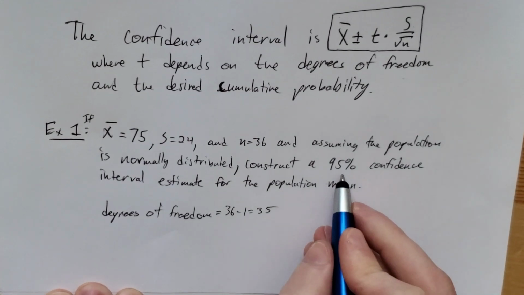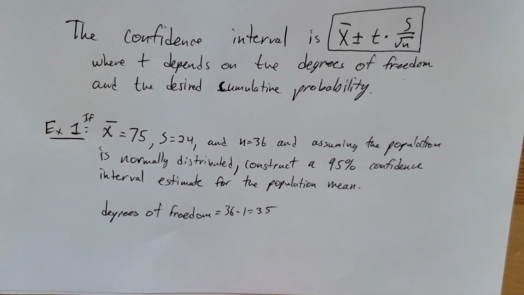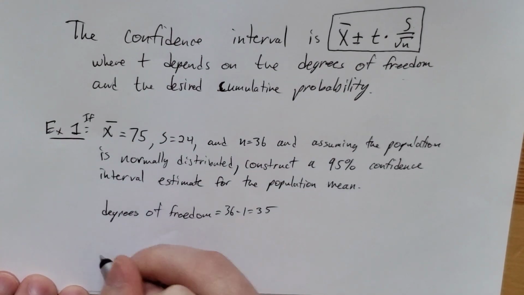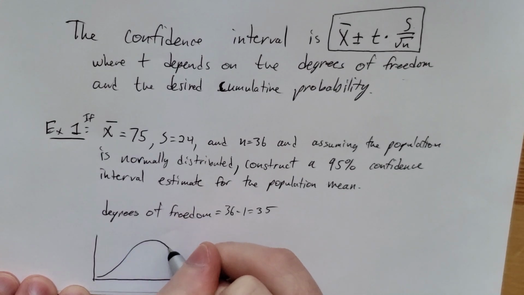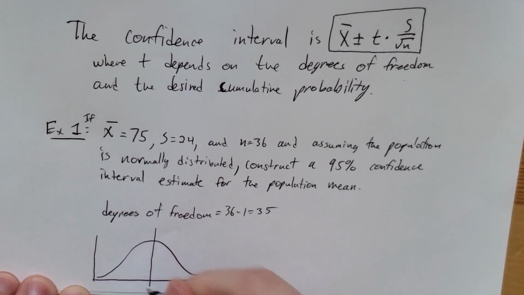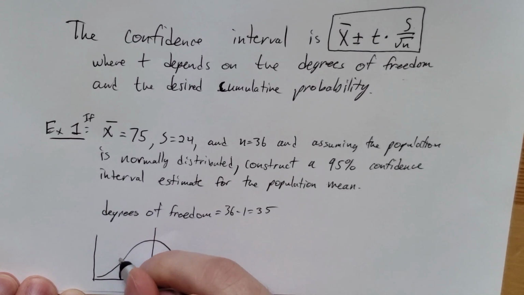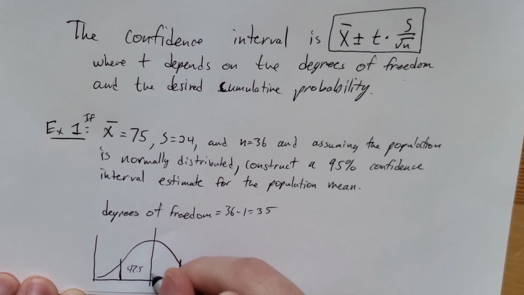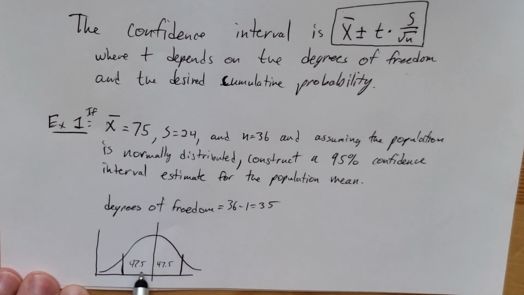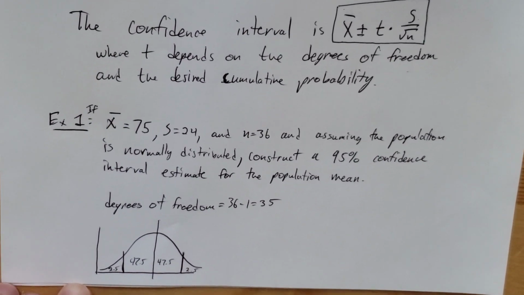And for our cumulative probability, if we recall, if we wanted 95% confidence, that meant 95% of values were in between this region, with 2.5% below and 2.5% above, outside of it.